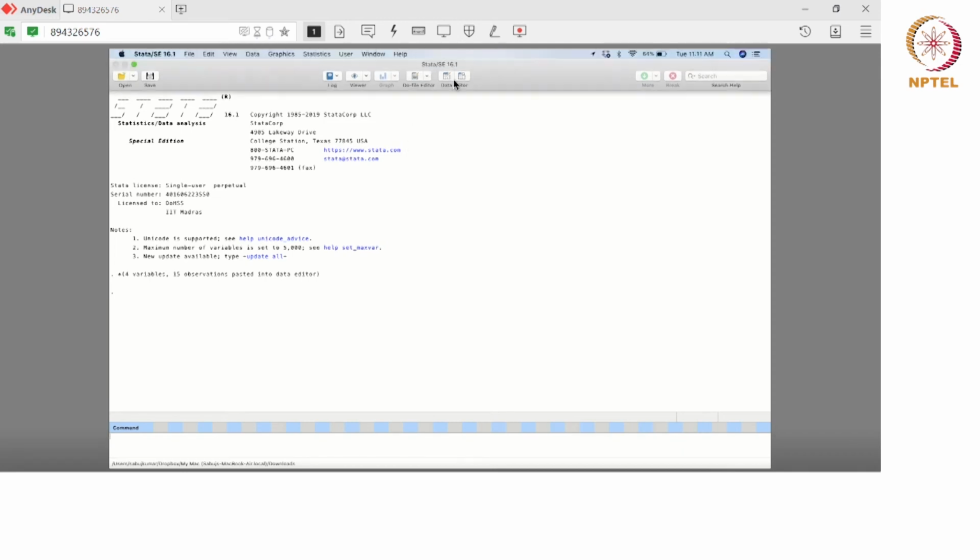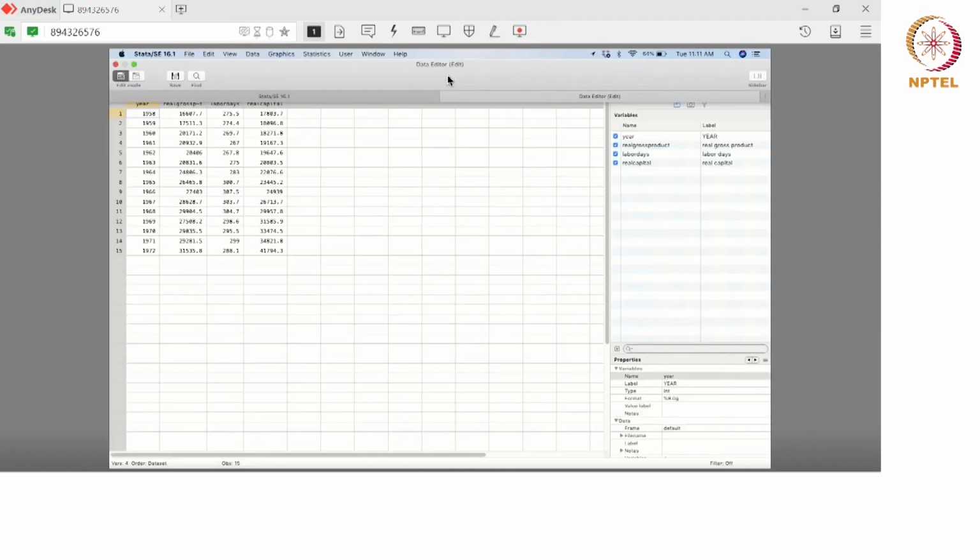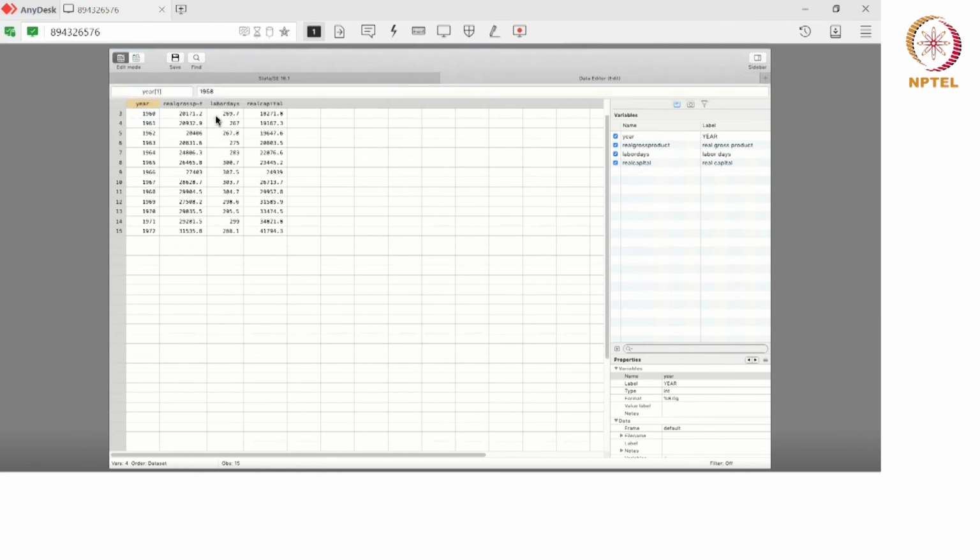And how have we defined the variables? Look at real gross product, then labor days and real capital.